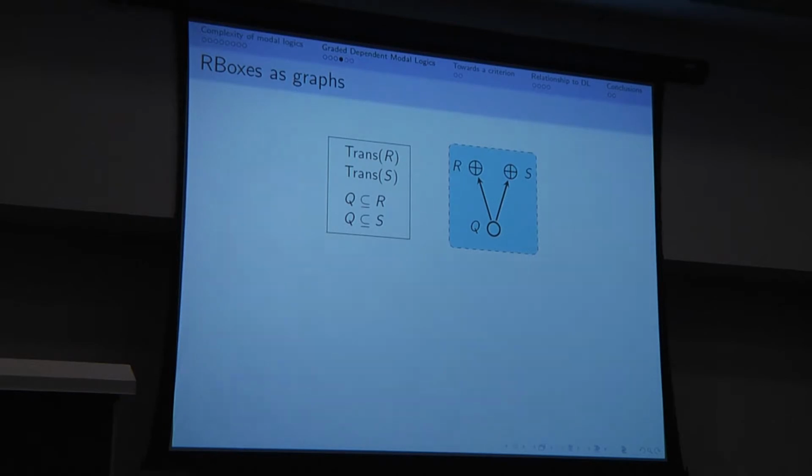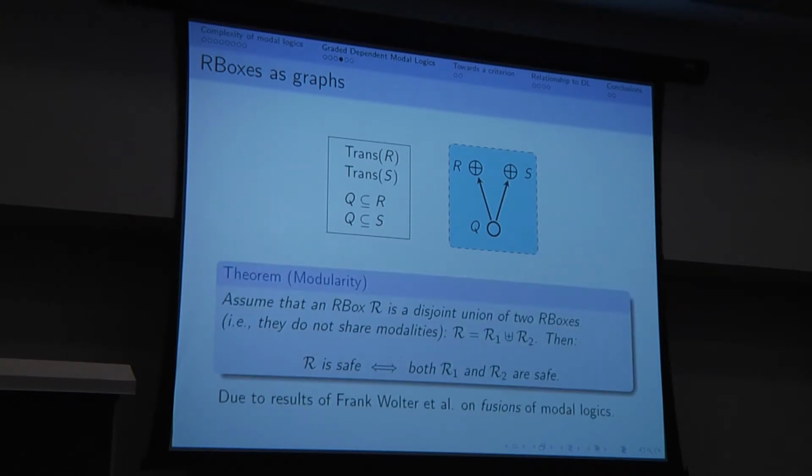So the question is, how can we classify these graphs with respect to their safety? For which graphs the corresponding problem of global satisfiability of formulas is decidable and for which it is not. The first observation is that if we have an RBox which contains 2 separate disjoint RBoxes, then we can deal with them separately.